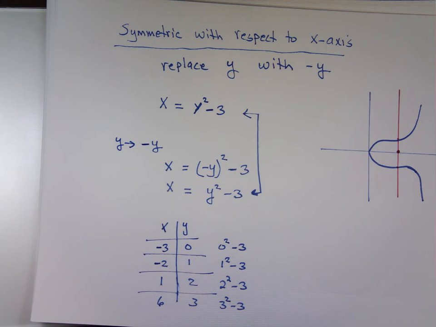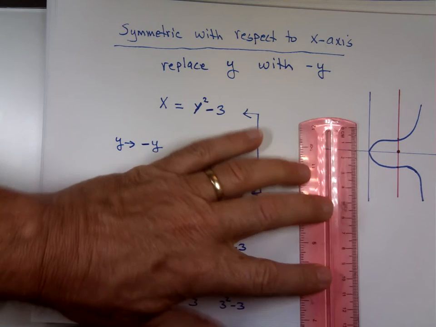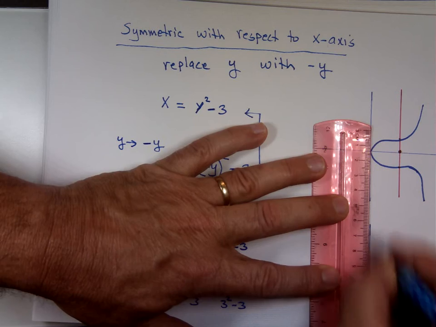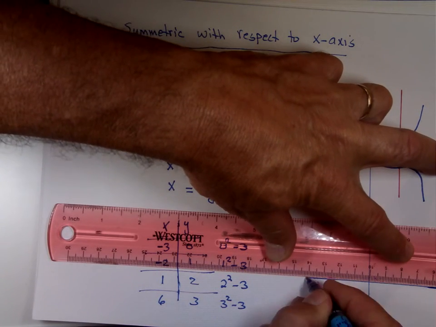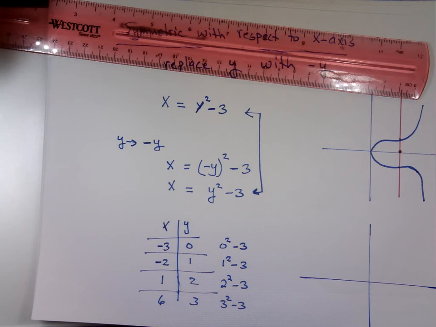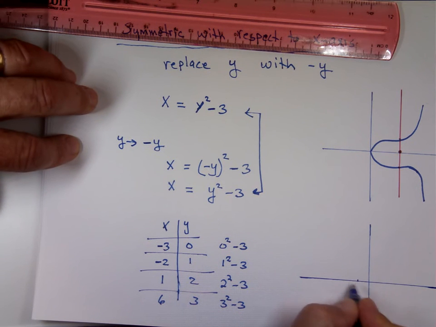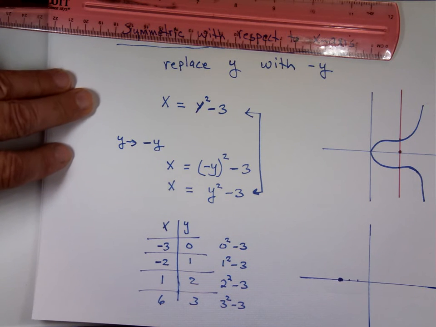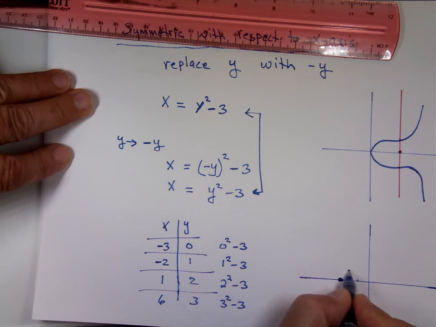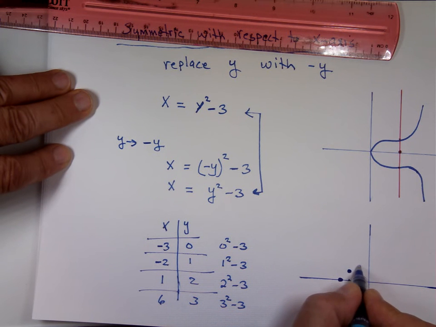Let's see if that looks like what the graph looks like. We know it's symmetric with respect to the x-axis. So negative 3 and 0. Negative 2 and 1. 1 and 2. 6 and 3.